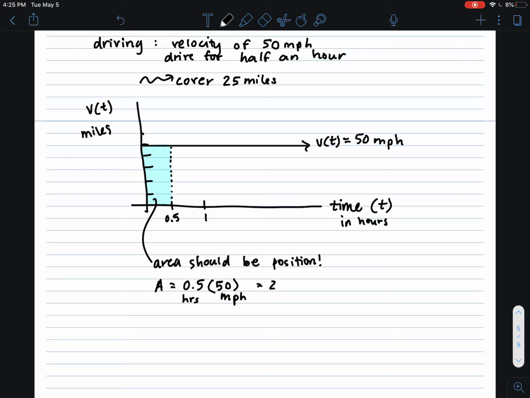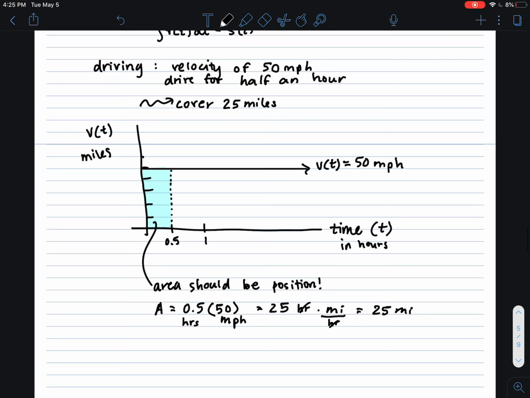And when we multiply this out, we get 25 hours times miles per hour. The hours cancel, and we get 25 miles, which is what we said above. We'd be covering 25 miles. And so this area indeed is our position after 0.5 hours. Okay, so that's just a pretty simple illustration of what's happening. We can see that our units check out. We end up with miles.